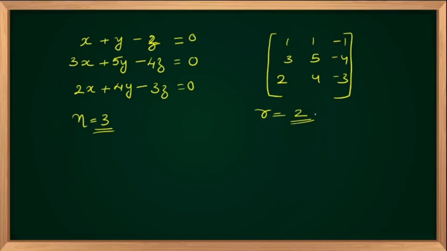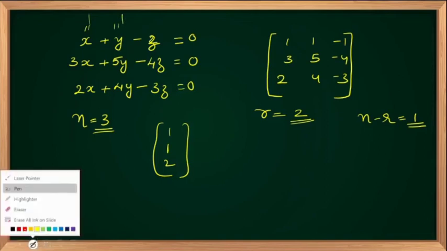So the rank is equal to 2 means I will have n equal to 3 and r equal to 2, so n minus r is equal to 1, which means I'll have one set of linearly independent solutions. Since I have mentally calculated the solution to be 1, 1, 2, let us see if it is a solution or not. x equal to 1, y equal to 1 and z equal to 2.